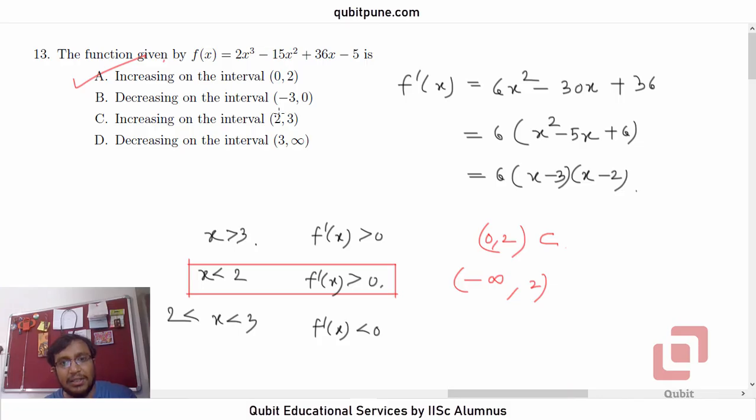Is it decreasing on the interval negative 3 to 0? No, it's actually increasing, because negative 3 comma 0 also belongs to negative infinity comma 2. Oh, sorry, wait. It's decreasing on the interval negative 3 to 0.